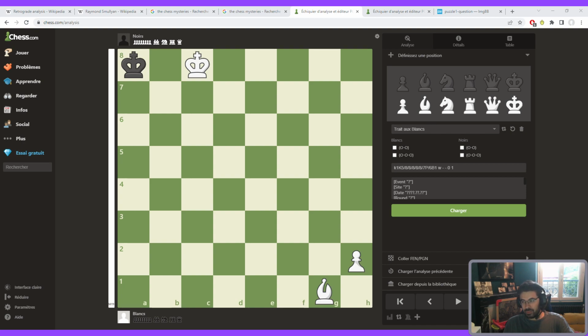Okay. It's pretty easy to see what is actually the last black move. Well, the most important part of the problem is, of course, the last white move. Of course, since the black king is in a8 and there are actually no other piece for black on the board, since black just made a move, it was not king b8 to a8 and it was not king b7 to a8 because in chess it's not possible to have both kings on adjacent squares.